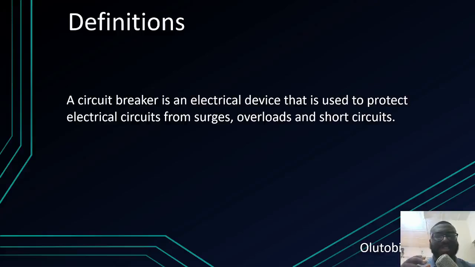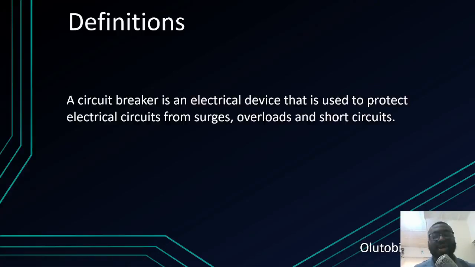And what is a circuit breaker? In terms of an electricity circuit, a circuit breaker is an electric device that is used to protect electrical circuits from surges, overloads, and short circuits. That is, if you have a circuit, there's a probability that at some point there is an overload, or too much power inserted into that circuit, and the components connected to that circuit run the risk of being fried, or of having too much power in them, and then some of their components get blown like a fuse.